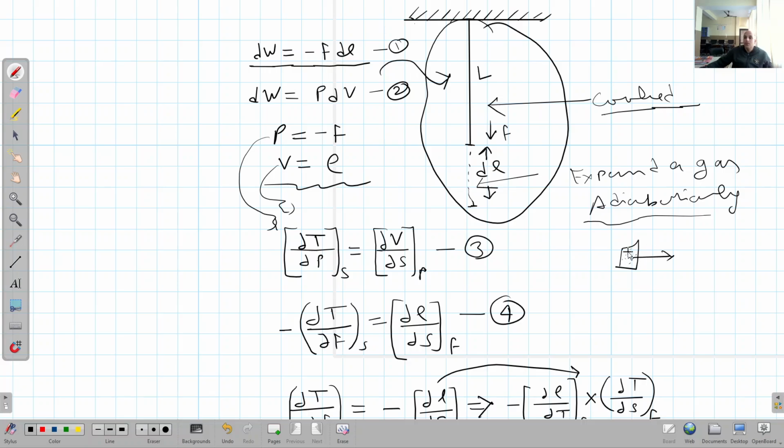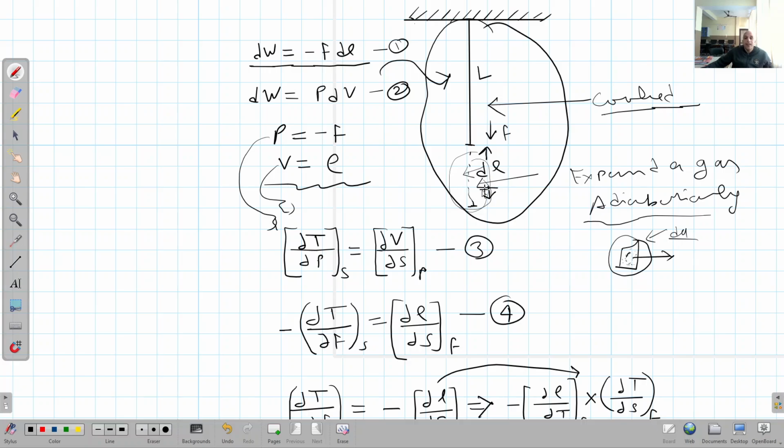Why? Because when you expand or, in this particular case, stretch the wire, then there is no time for the system to get heat from the surrounding. So from where will the heat come? This system will utilize the internal energy of its molecules, in this case gas molecules, and in the case of the wire, the internal energy of its atoms and molecules, right?